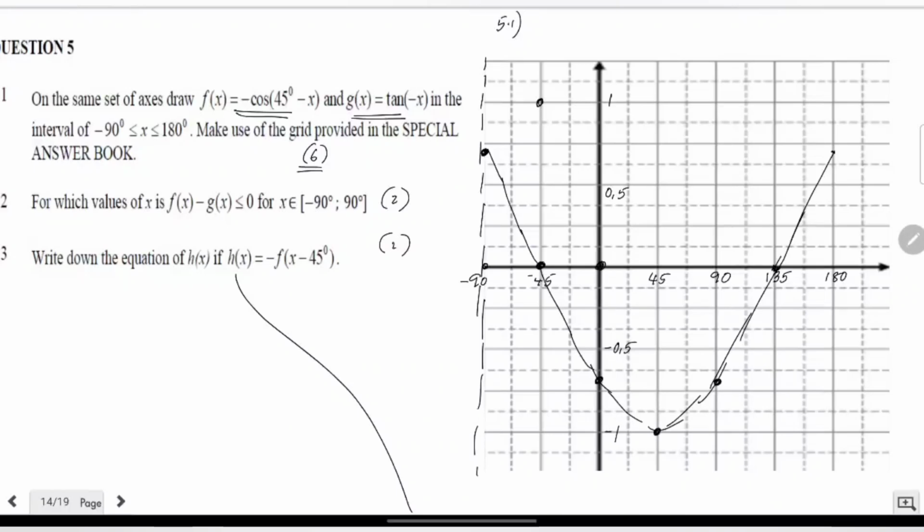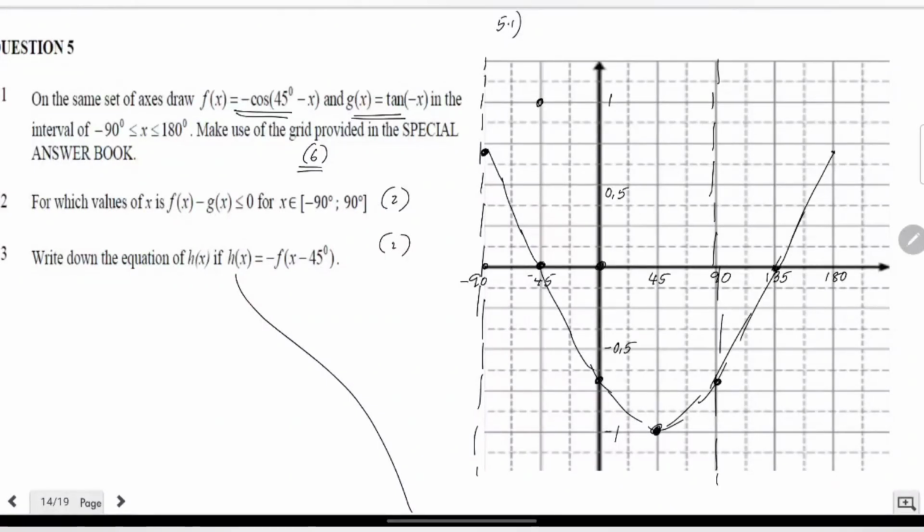And then at 45, tan of minus 45 will give you minus 1. It's going to be here. Then at 90 it is again an asymptote. So you have to draw a dotted line there.